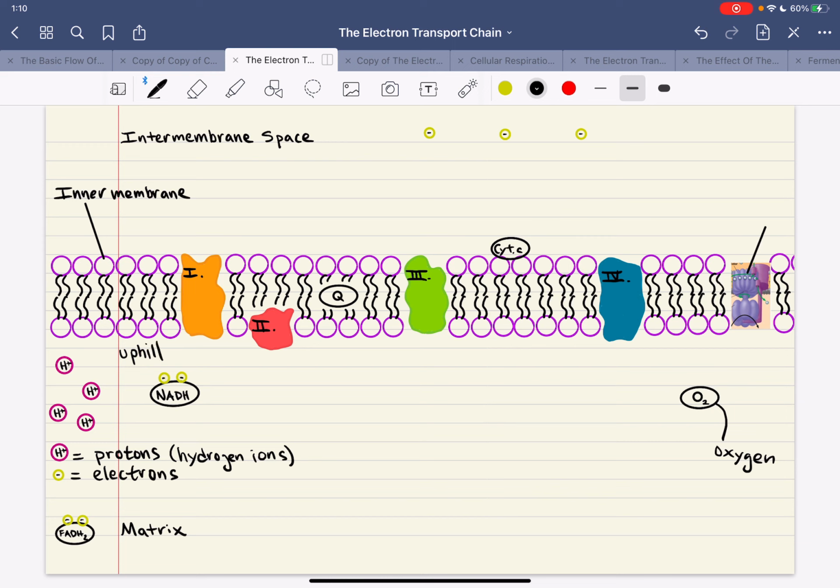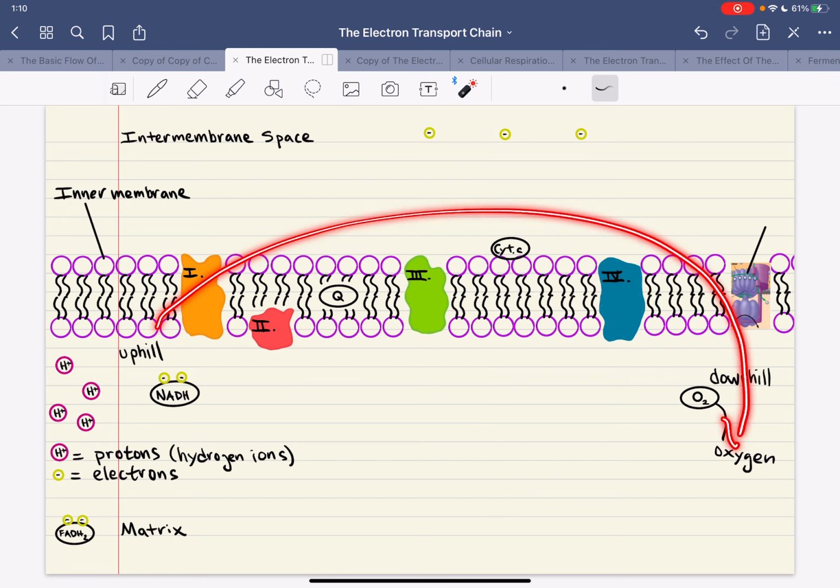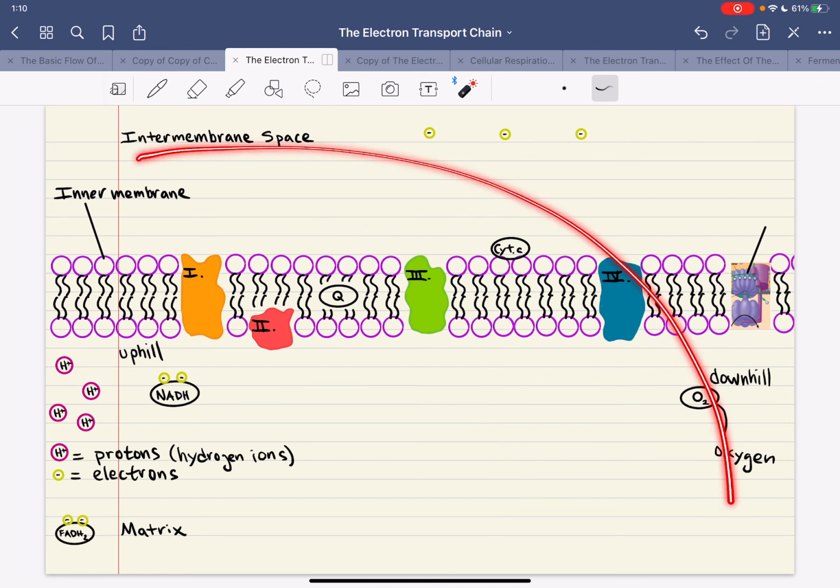Over here at oxygen on the right side, this is downhill, or down the staircase, or in the water down from the diving board. So if we move from uphill to downhill, we can release energy, right? That's what we're looking to do. So let's follow those electrons.